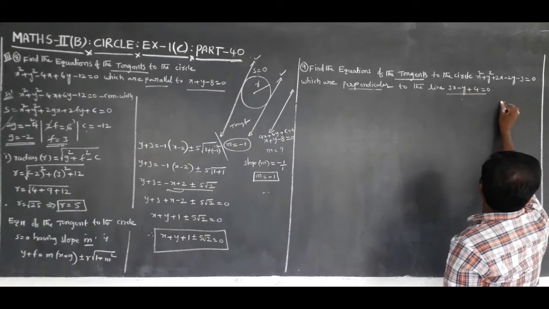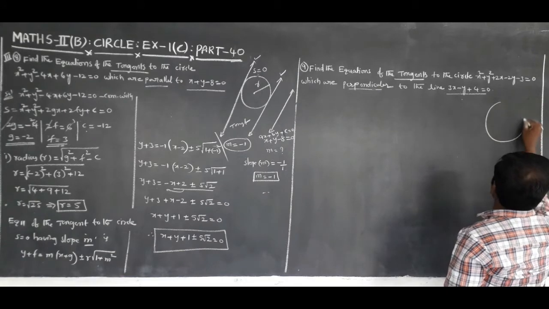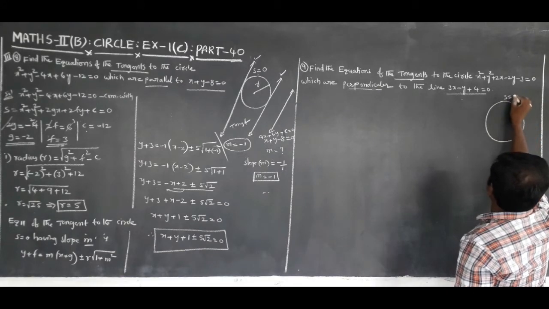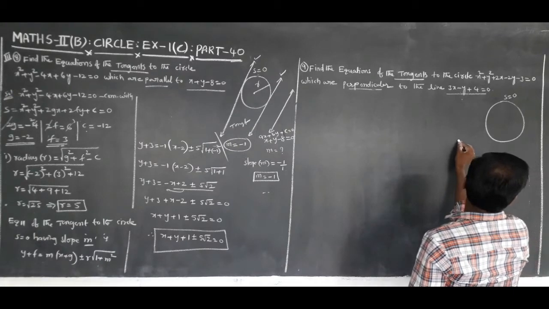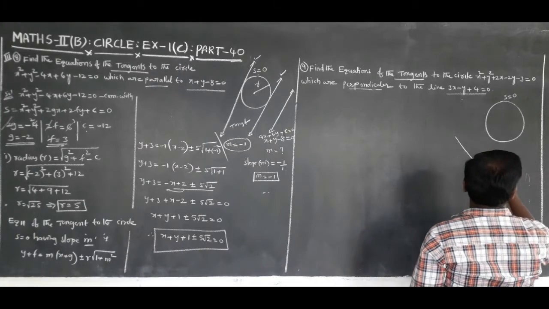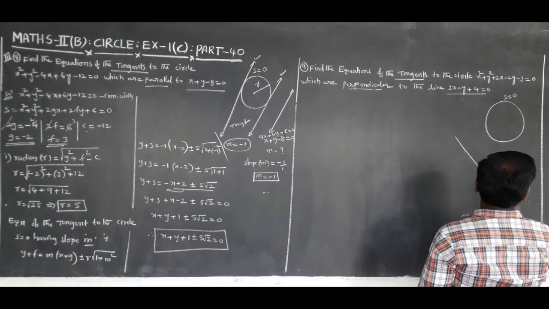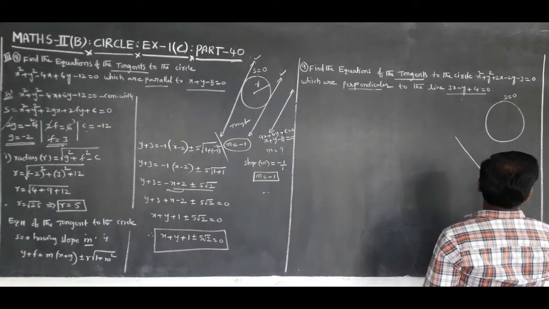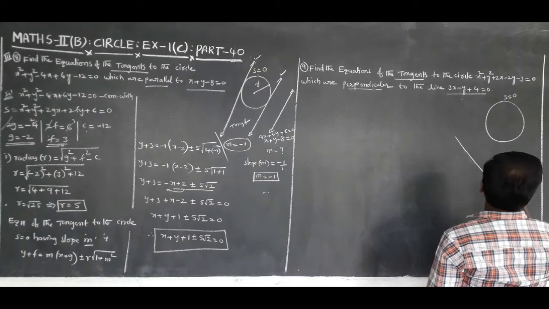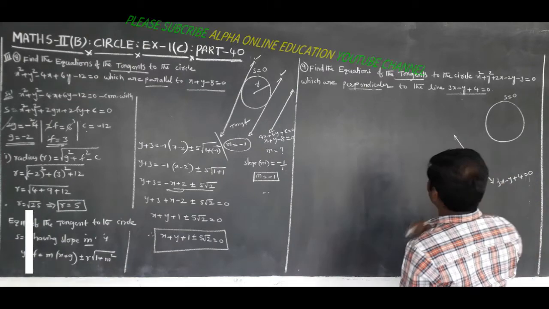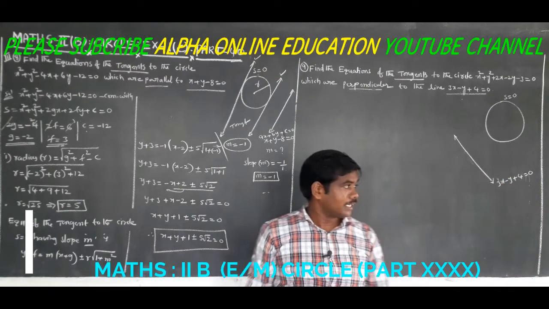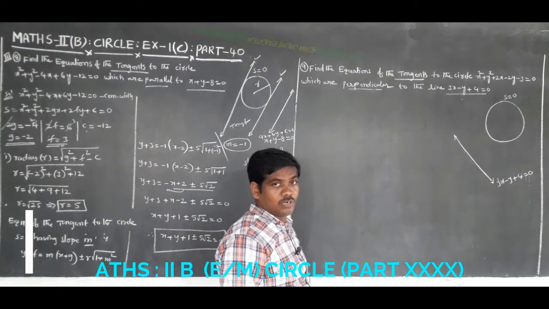This is the equation of the circle S = 0, and this is the equation of the line 3x - y + 4 = 0.